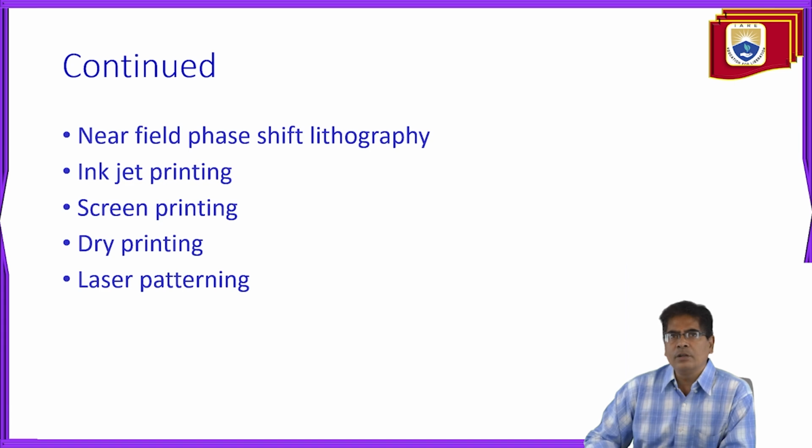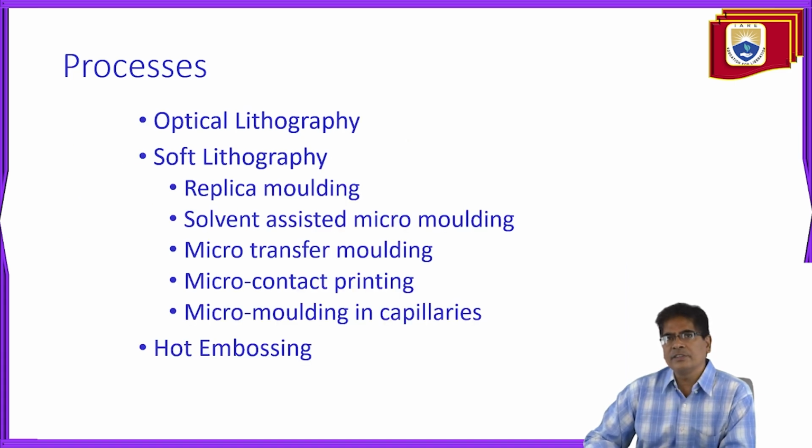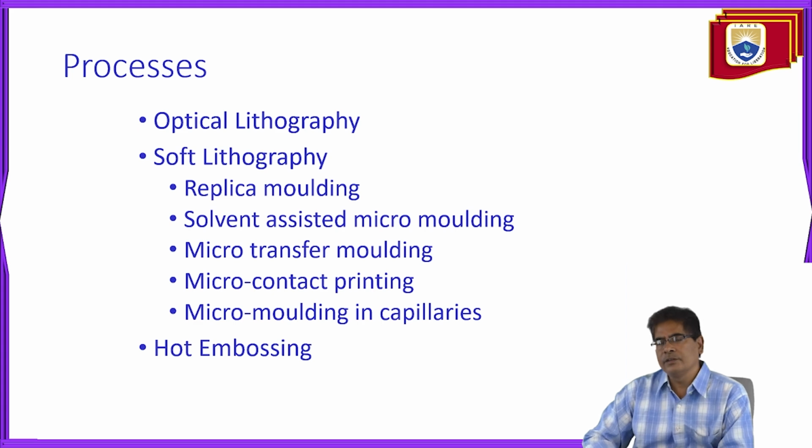And we have features like near field phase shift lithography, inkjet printing, screen printing, dry printing, laser printing, and the processes include optical lithography, soft lithography, replica molding, solvent assisted micromolding, micro transfer molding, micro contact printing, micromolding in capillaries and hot embossing.